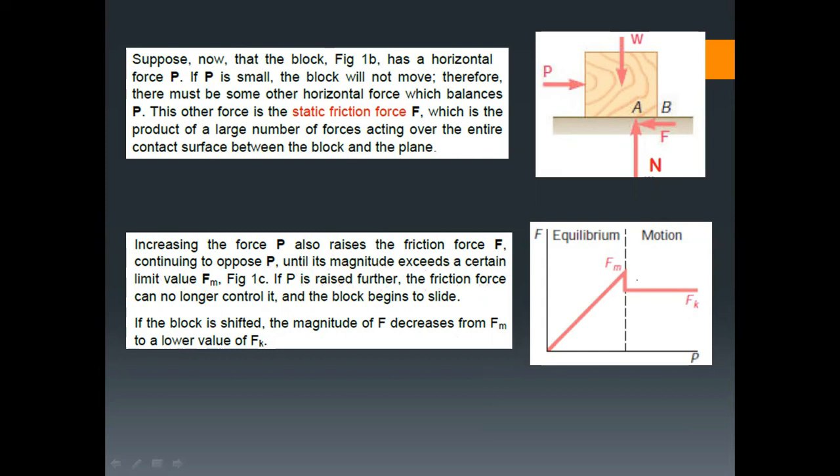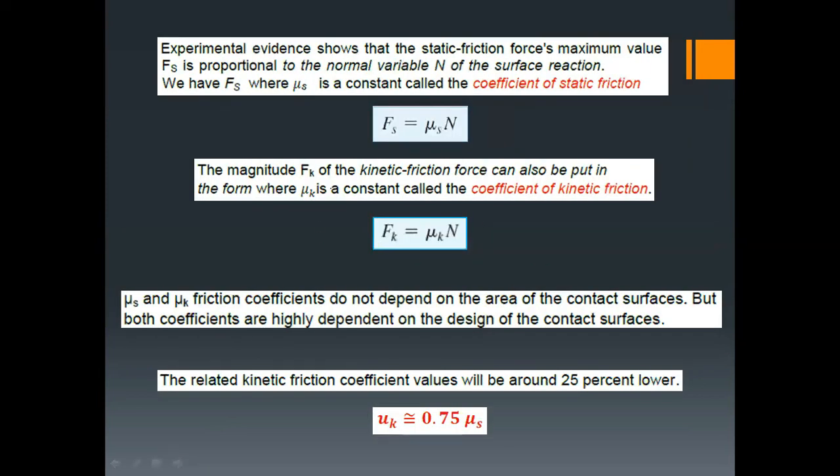So it slips or slides. If the block is shifted, the magnitude of F decreases from Fm to a lower value, Fk. Fm is the maximum limit force I mentioned earlier, and Fk is our kinetic friction force, since there is now movement, it is sliding.